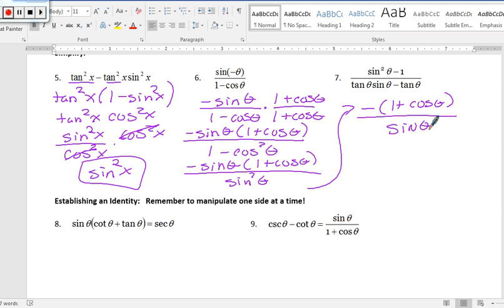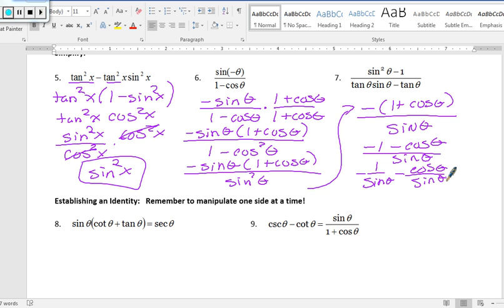I guess you could have distributed at this point. So minus 1 minus cosine theta over sine theta. If you're over just one trig function, you can separate out the fractions. So we're going to have minus 1 over sine theta minus cosine theta over sine theta.